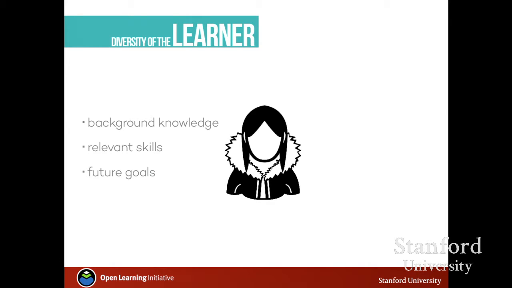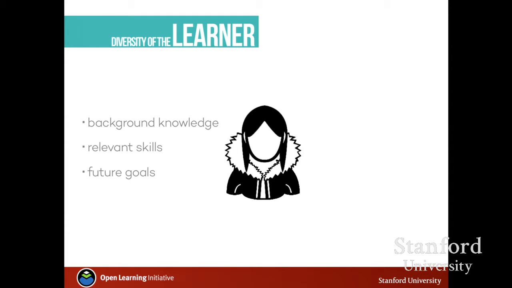So how many of you are teaching right now in higher education? Okay, so one of the things you may have observed is that the students coming into your classes not only have varying degrees of preparation for what you need them to be able to do, so their skills are varied, but also their goals, the reason they're even sitting in that class. So we have this incredible diversity in the needs, goals, and abilities of the students.